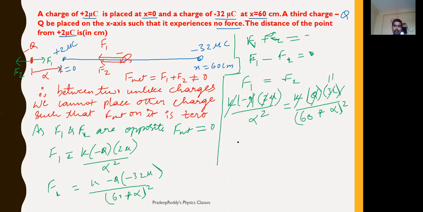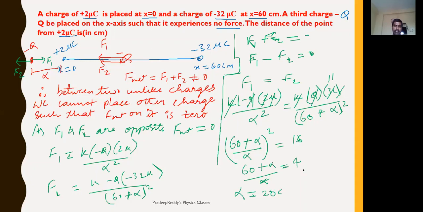Finally, 60 plus alpha divided by alpha whole square is equal to 16, so 60 plus alpha divided by alpha is equal to 4. From here, you can calculate alpha is equal to 20 centimeter. That is how, when you place a charge minus q at a distance of 20 centimeter from plus 2 microcoulomb, it will have net force 0.